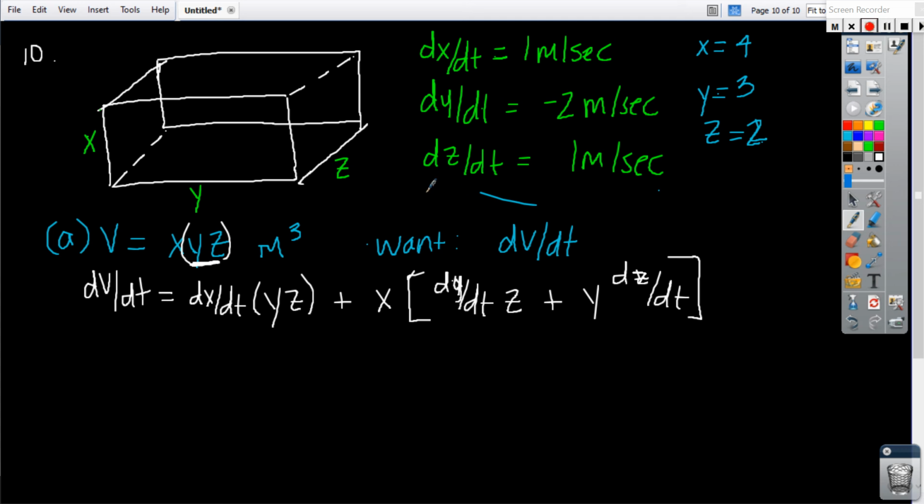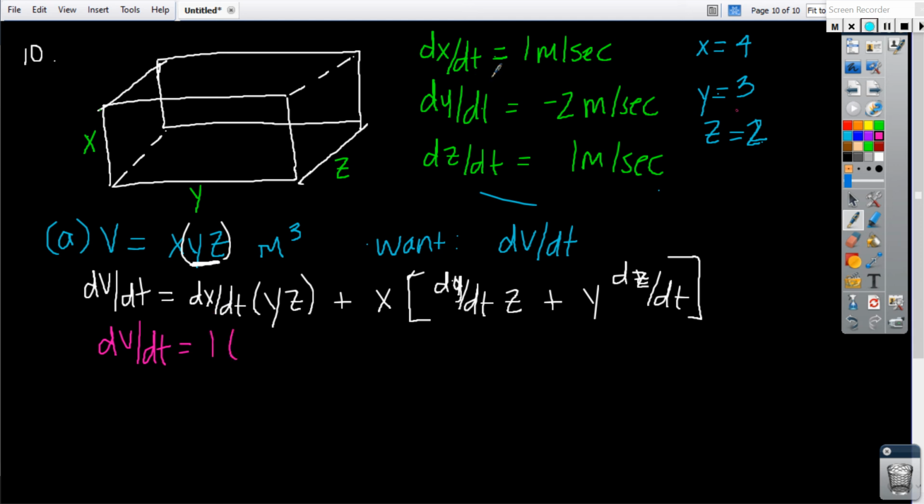Let's see. All right, so now all I need to do is plug in what I know. I know all of this stuff because it was given to me in the beginning, right? So plug and chug. Again, this is nothing more than product rule. All right, dx/dt is 1.